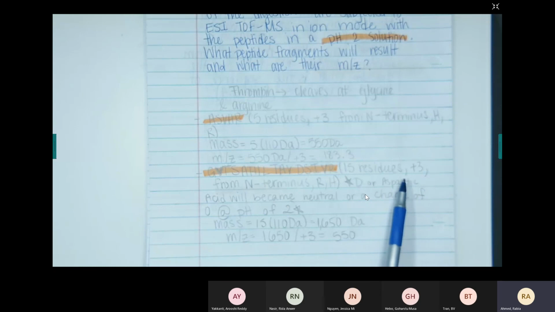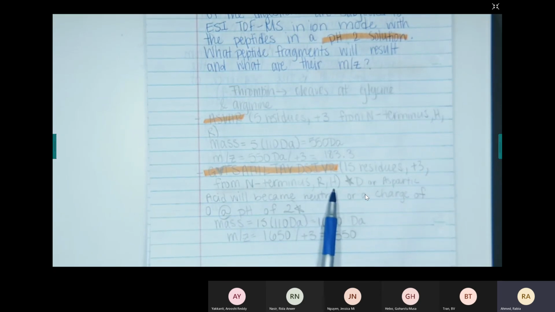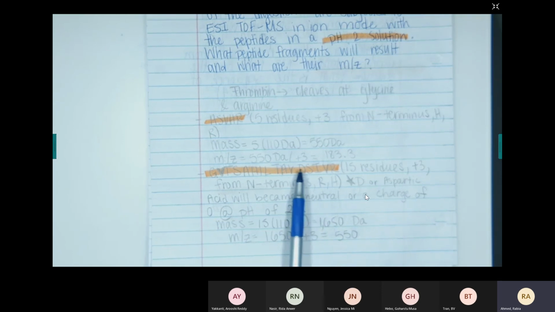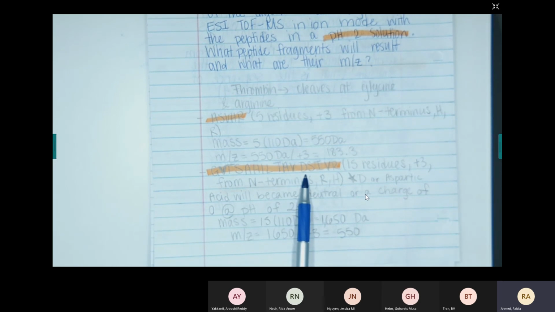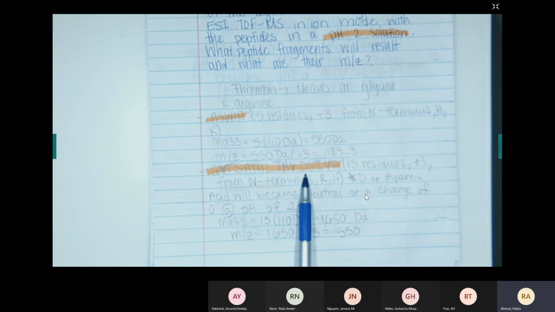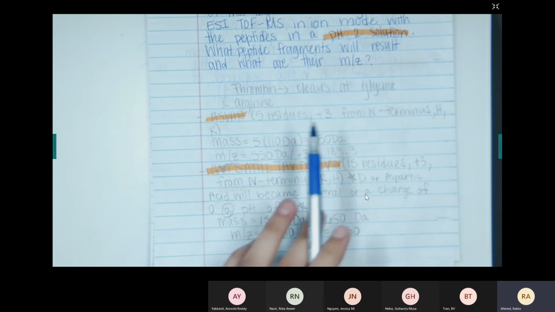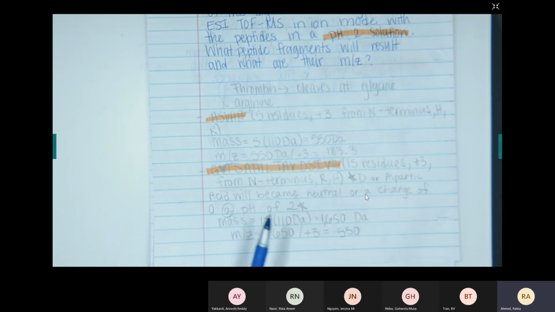And then the next one here, this one is a little long. It's going to be 15 residues and a +3 charge from the N terminus, the arginine, and the histidine as well. And we do have a D amino acid, which is also known as aspartic acid, which you guys know is -1 charge, but it's going to be neutral in a pH of 2 solution because it's going to be -1 + 1 because the pH is acidic, so it's going to be 0.